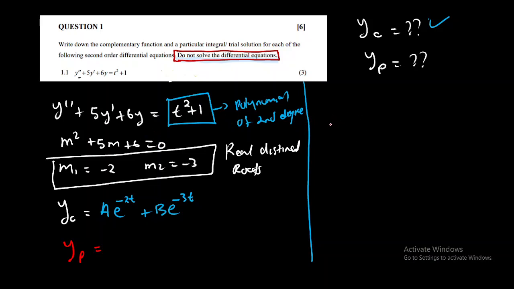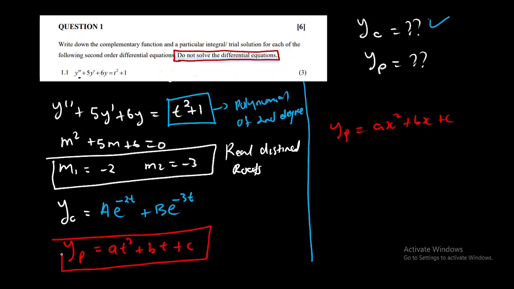From the table, we have yp equals ax squared plus bx plus c. But since you don't have x in this differential equation, you are going to have at squared plus bt plus c. So this is your particular integral, and this is your complementary function. This is how you were supposed to obtain those 3 free marks.